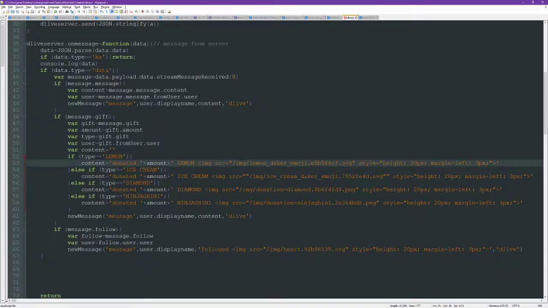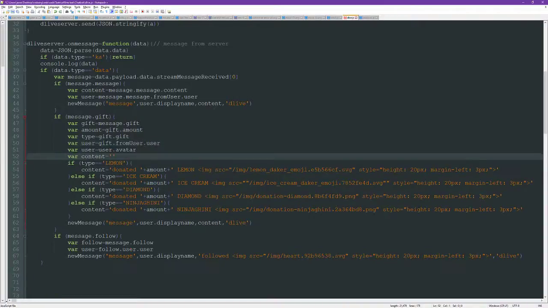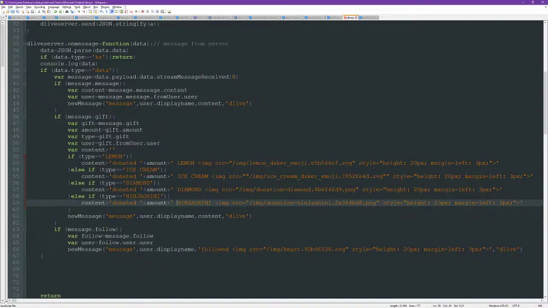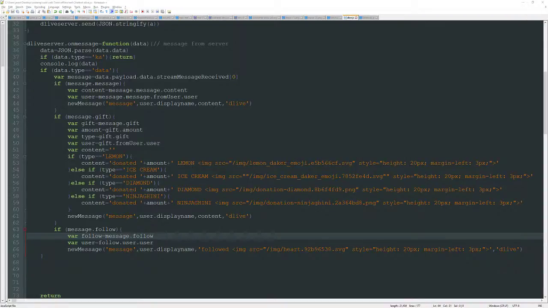I feel like this should be before the name though, like it does in the actual chat. I'd have to have it on the other side. I don't know, let's try to keep it at least a little bit uniform. It doesn't do that with Twitch stuff, so let's not worry about that here. Alright. And that'll be that. And then the follow one was slightly different for some reason.